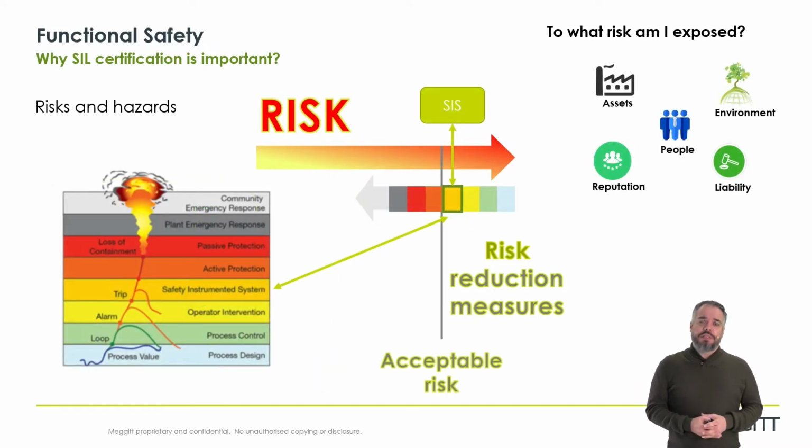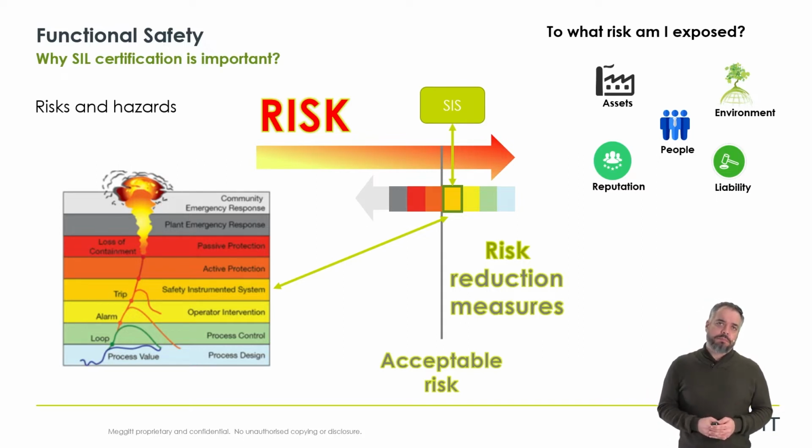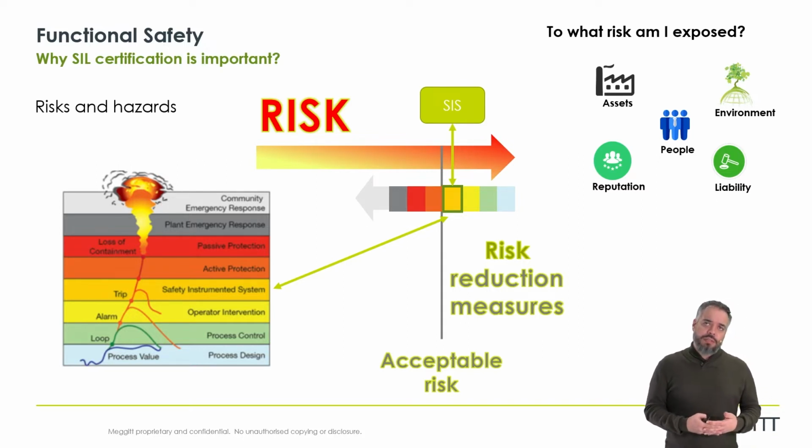The safety instrumented systems that we will address during this safety function presentation are only one of the independent safety layers that exist. In fact, safety relies on a set of different independent layers that go from risk control and reduction to risk mitigation.